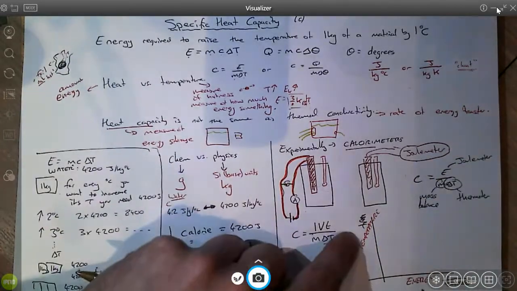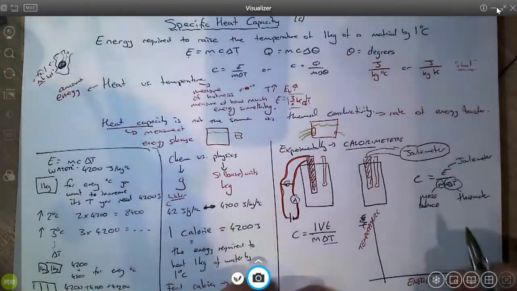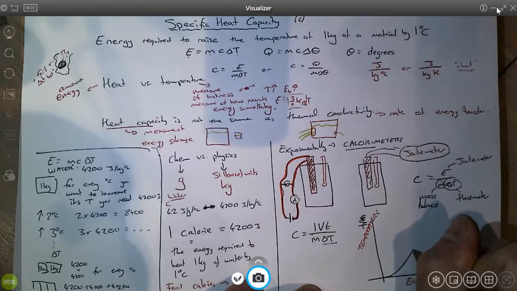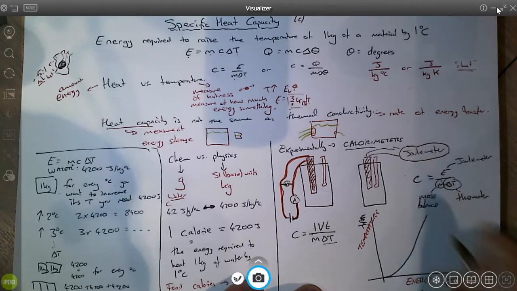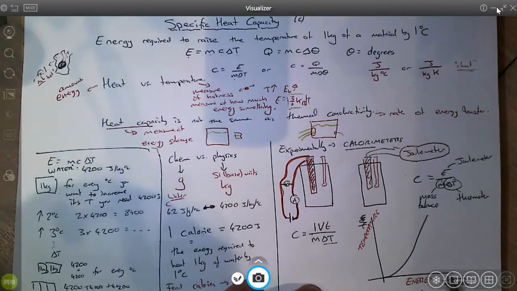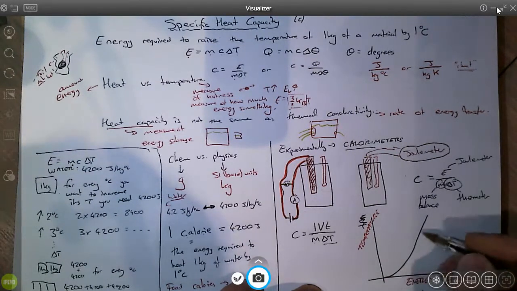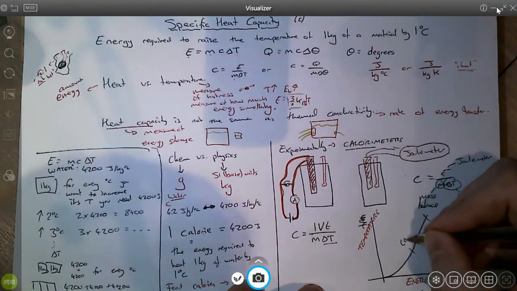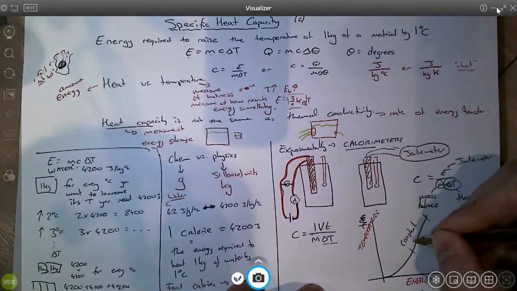This is the graph, energy against temperature. And then what you'll see is over a period of time, we will get this happening. So energy is obviously always increasing. The temperature will start by not doing much. It will start slowly, and then eventually, after a period of time, there will be this constant increase in temperature.